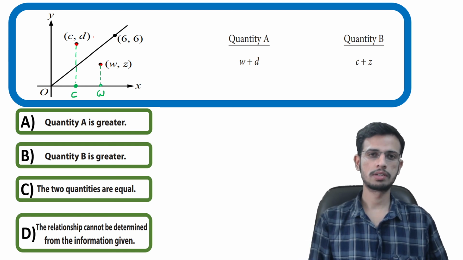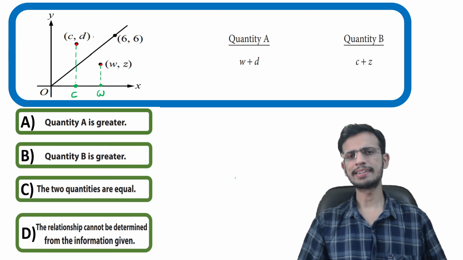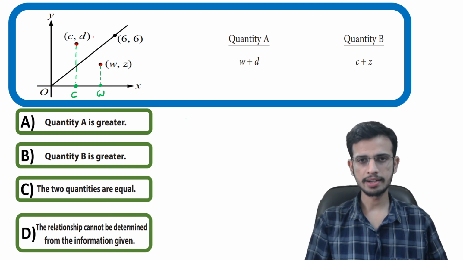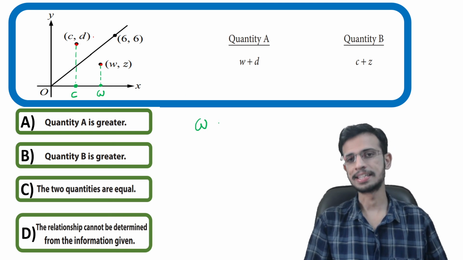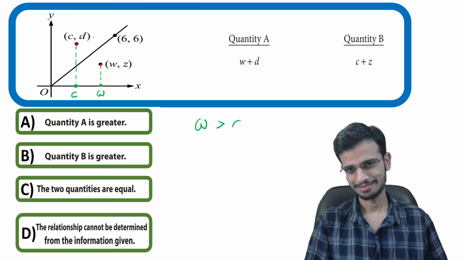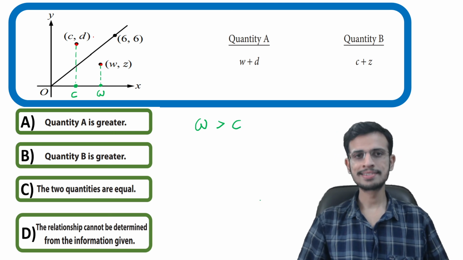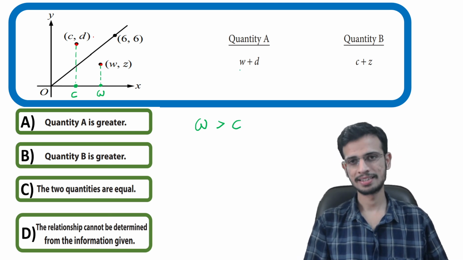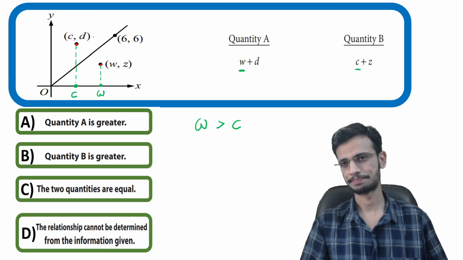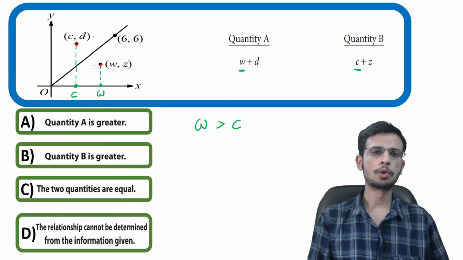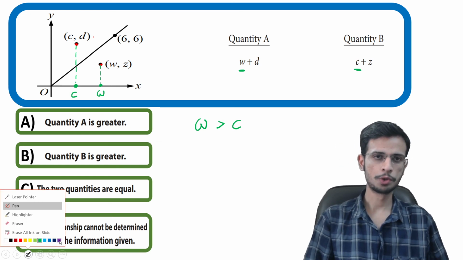From this we can conclude that W is greater than C. This one is greater than this one. Let's look at the y coordinates.